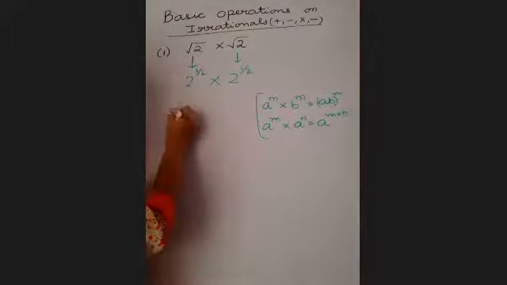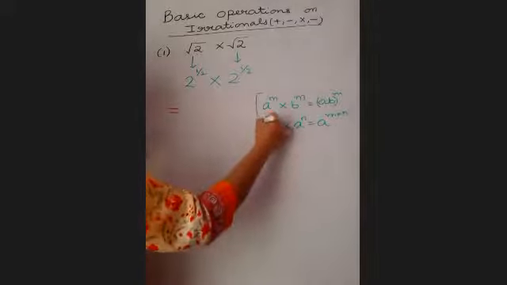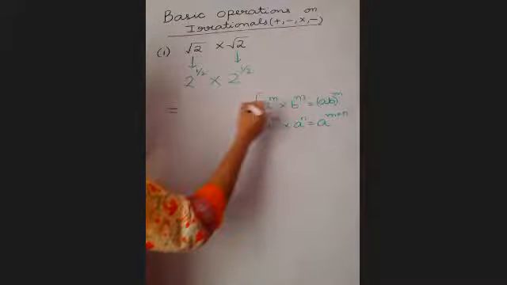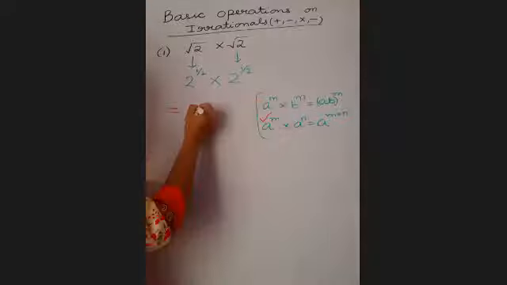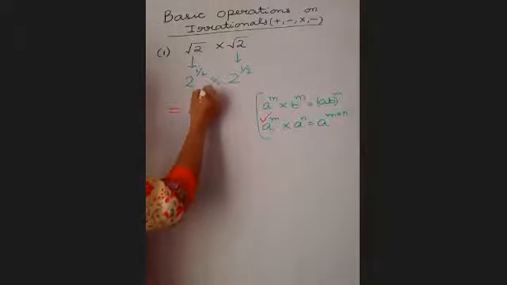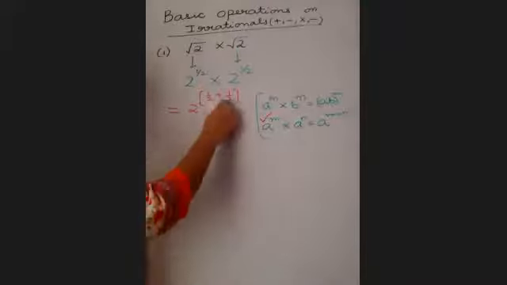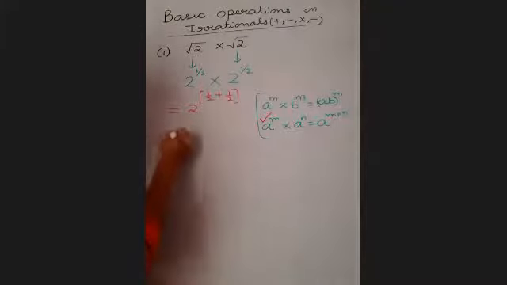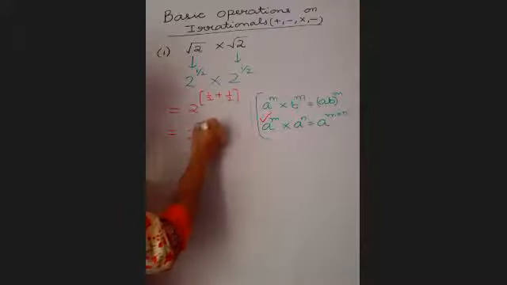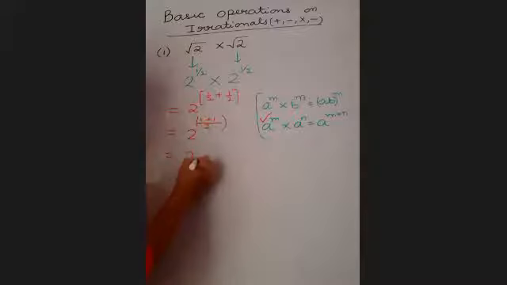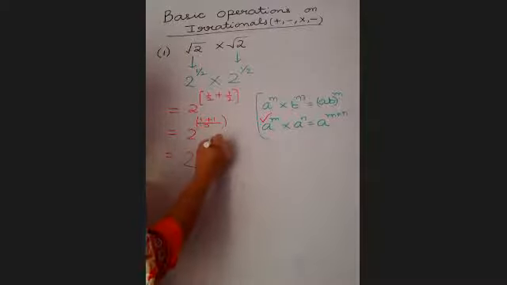So this becomes 2 raised to the power 1 by 2 plus 1 by 2. Half plus half is how much? If you take the LCM like this, it is 1.